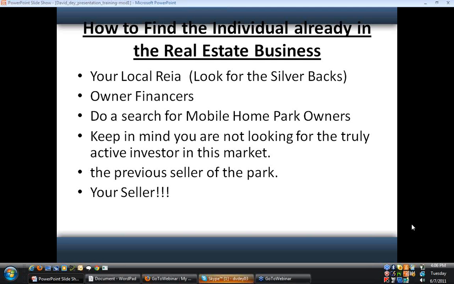So that being said, whether you're providing the loan for the deal or whether you are actually buying the deal, your seller is probably one of the most important sources that 99% of the investors out there fail to look at as a possible source.